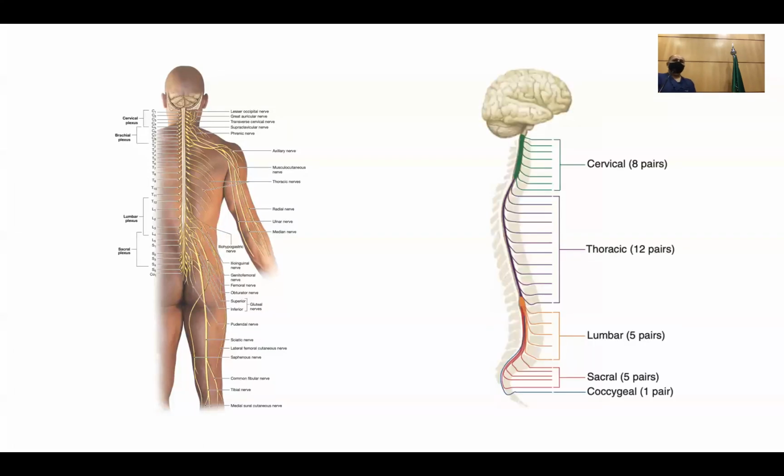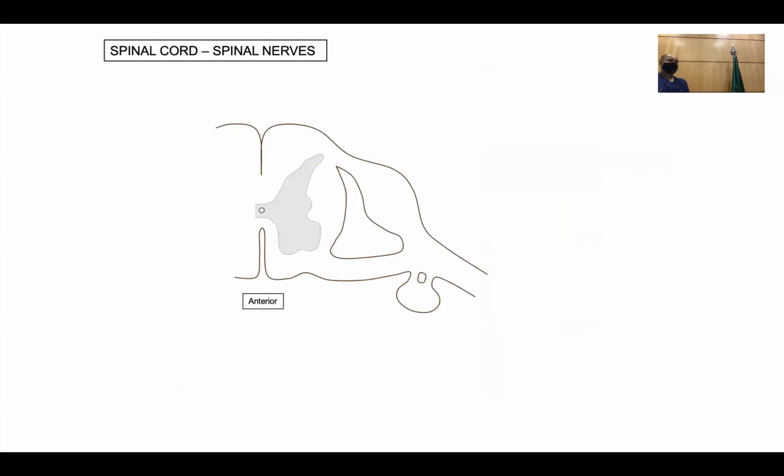So now, to elaborate it further, you can see how many spinal nerves are in the upper segment, how many are in the middle segment, how many are in the lower 2 segments. 8, 12, and vice versa. Okay. Now, let's take one of them.